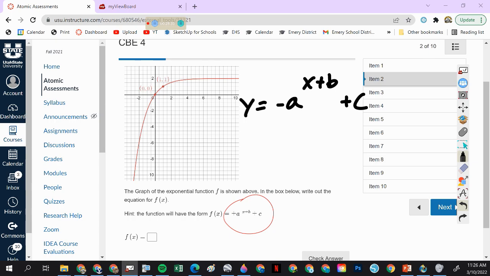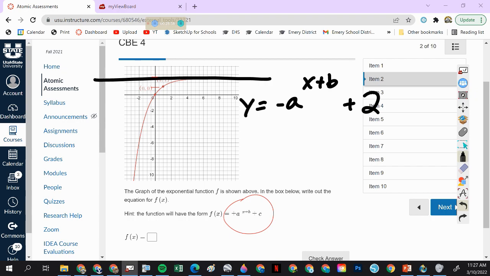So my horizontal asymptote has changed. How has it changed? The horizontal asymptote is always 0 in exponential equations until it's been shifted. So it has gone up 1, 2. So this is going to be plus 2.